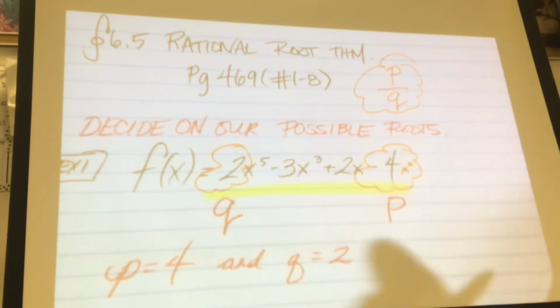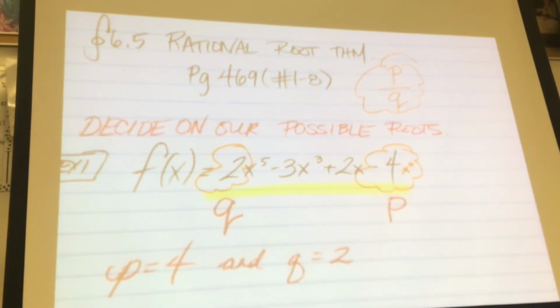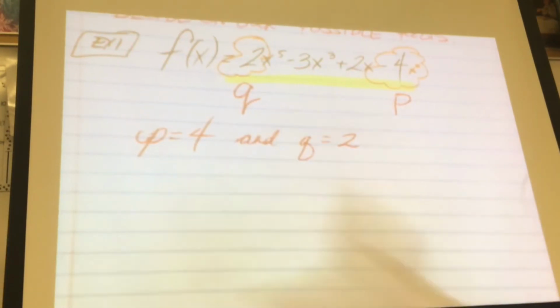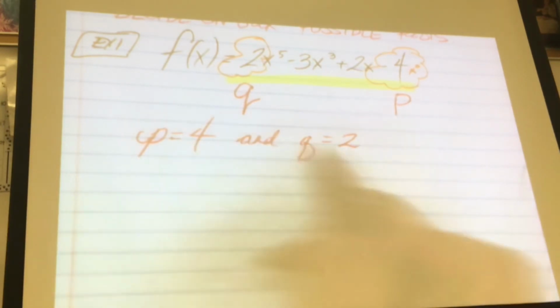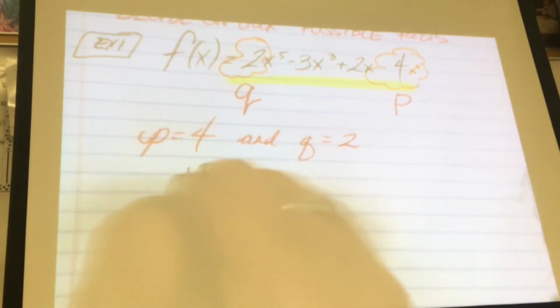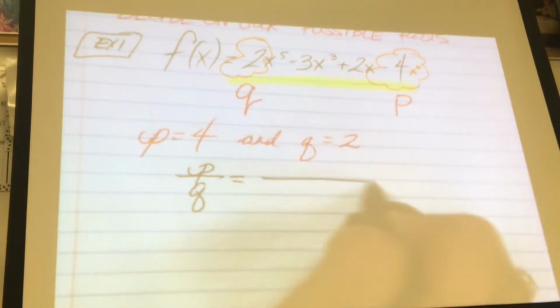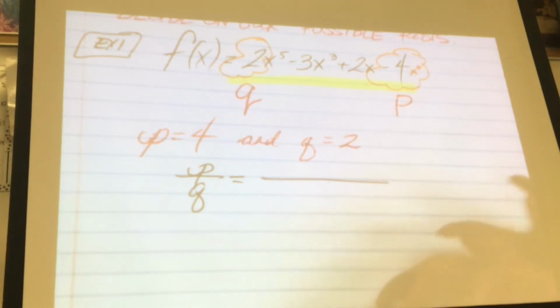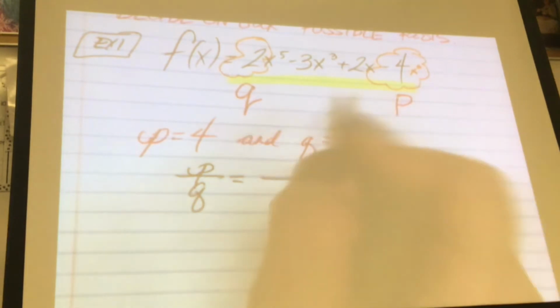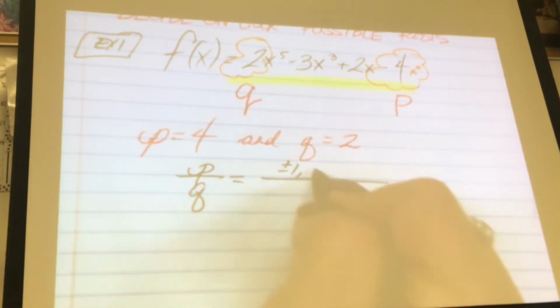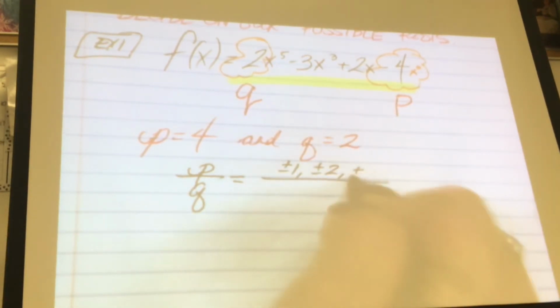So all we have to do is list them out. Ready? We're going to list out all the factors of 4 and divide them by all the factors of 2. So it's P over Q. Well, what are all the numbers that divide 4? 2, 1, and 4. So we have plus or minus 1, plus or minus 2, and plus or minus 4.